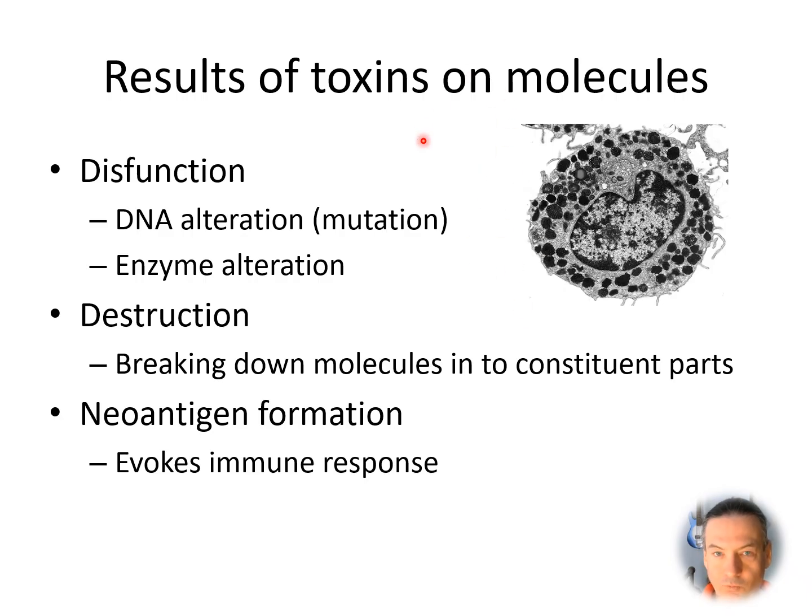Now, once we actually start thinking about other options for how we're going to damage the molecules, we can have those changes in the rates. We can also have just general dysfunction. Think about alteration of the DNA, mutations cramming into them. We also can have changes to the enzymes, where the enzyme is no longer doing the same thing.